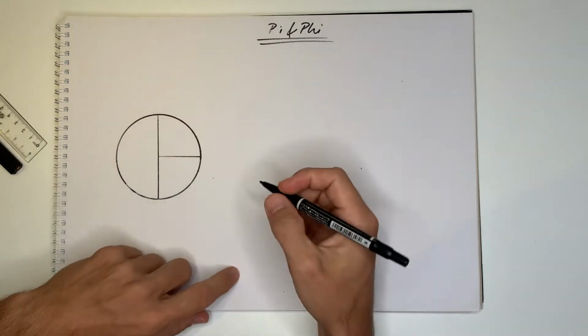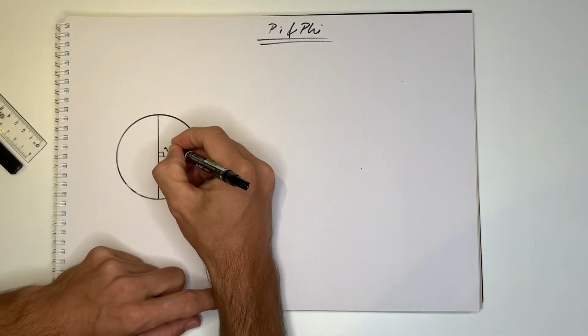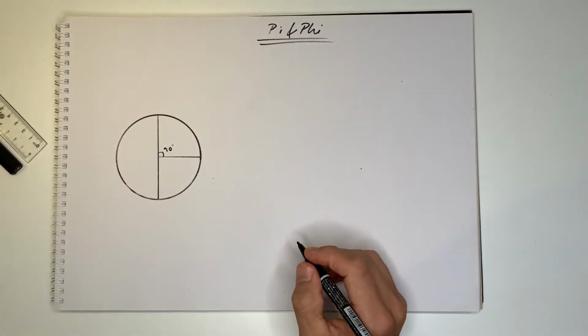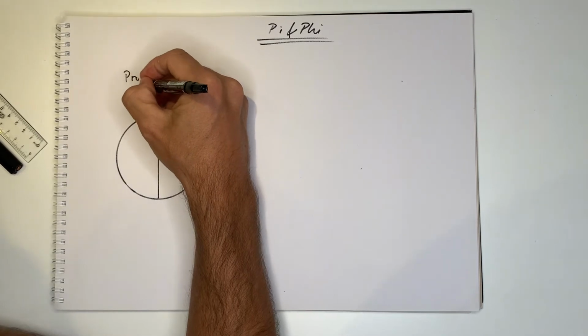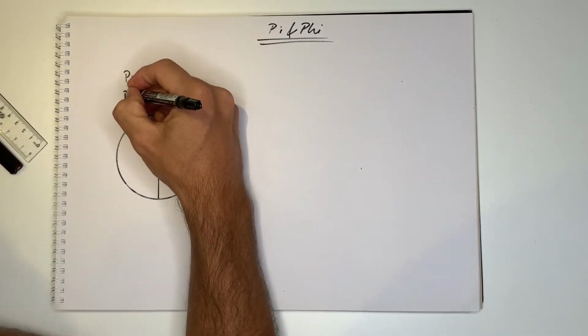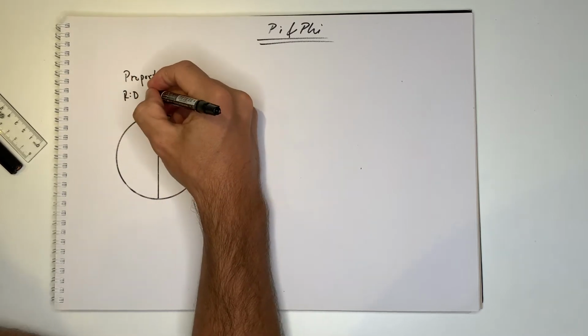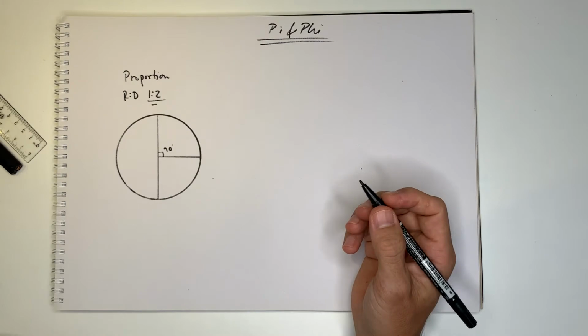Okay. I want to stress that the relationship between the radius and the diameter is a 90-degree relationship. We also know that the proportion between the radius and the diameter is 1:2. That's very important.